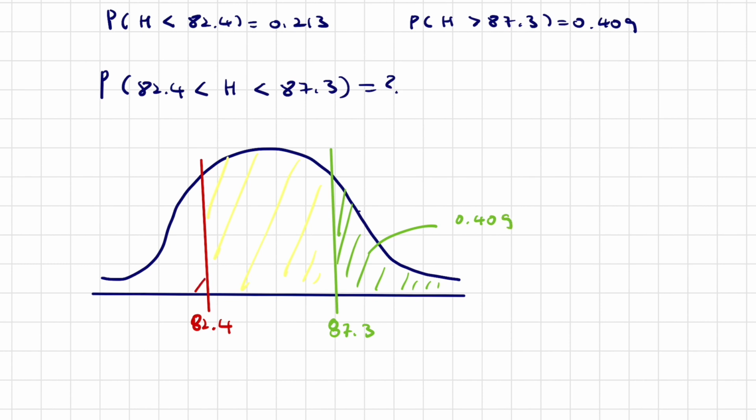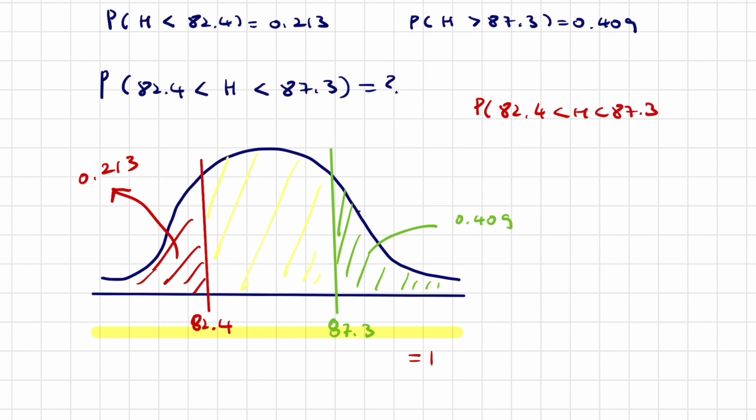The area below 82.4 is about 0.213, and since everything under this graph adds up to 1, we can say that the probability that height is between 82.4 and 87.3 is equal to 1 minus 0.213 minus 0.409.